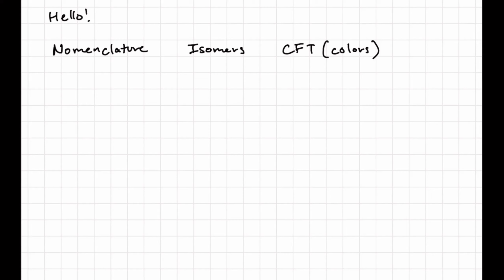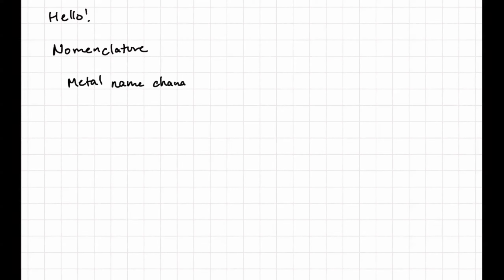So starting with nomenclature, you should always remember that the metal name changes depending on if it's a cation or an anion.